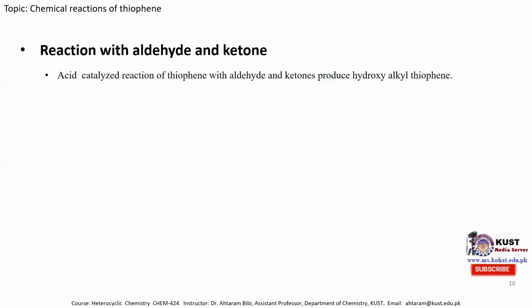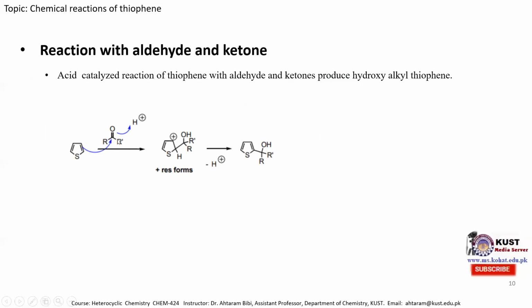Next, reaction with aldehyde and ketone. Acid catalyzed reaction of thiophene with aldehyde and ketone produces hydroxyalkyl thiophene. As one can see, this is a general structure for the carbonyl compound. It may be an aldehyde or ketone.